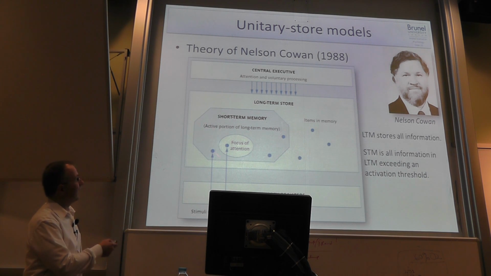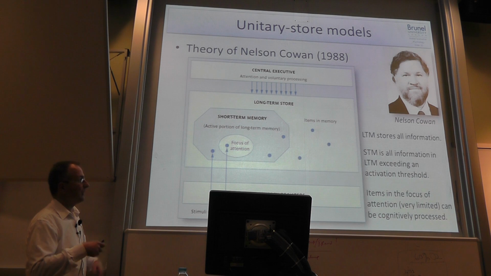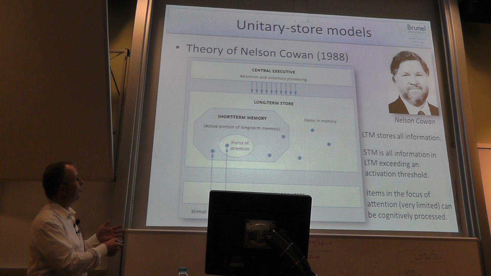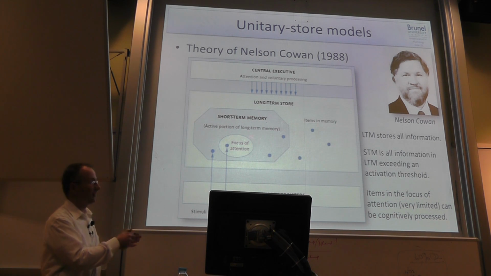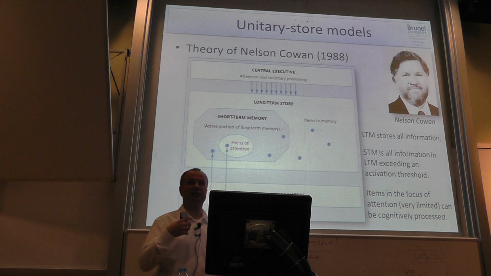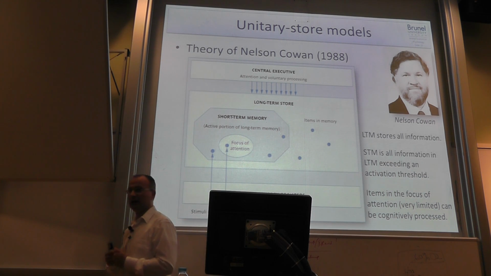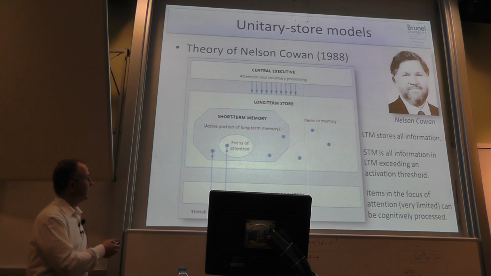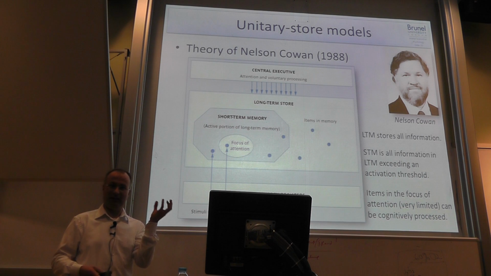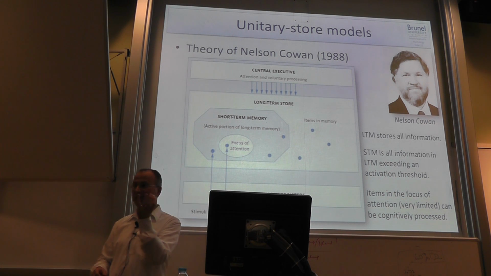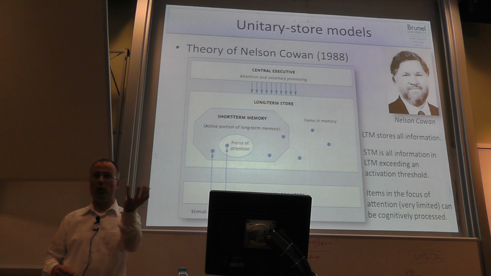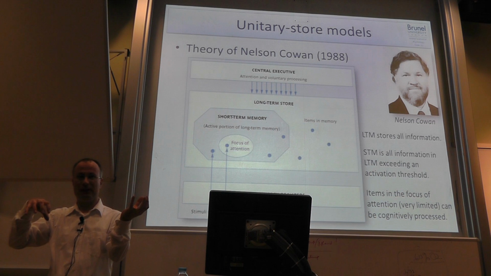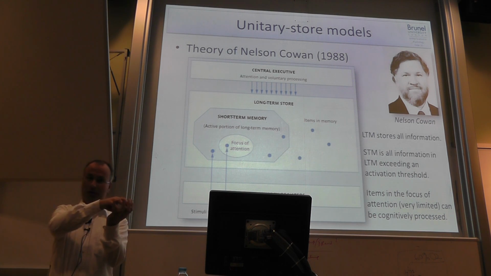So that we have this active portion, and then we can put our attentional focus on a part of this short-term memory. This is then the focus of our attention, and with this information we can actively work and do something. That's his suggestion. However, the representation in this cognitive model is always the same. It's not that a certain word is retrieved from long-term memory and placed in short-term memory, like downloaded and uploaded again.